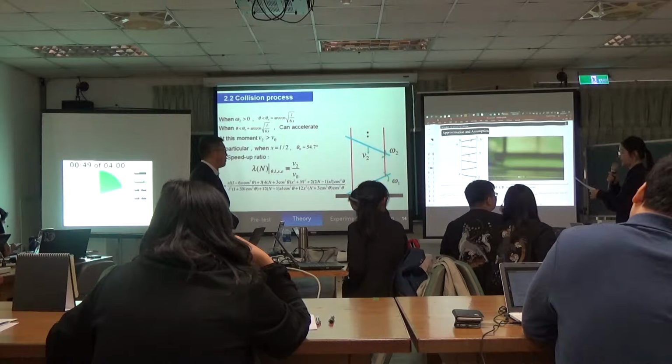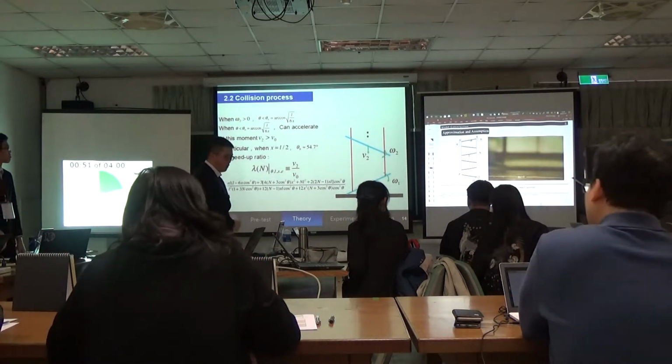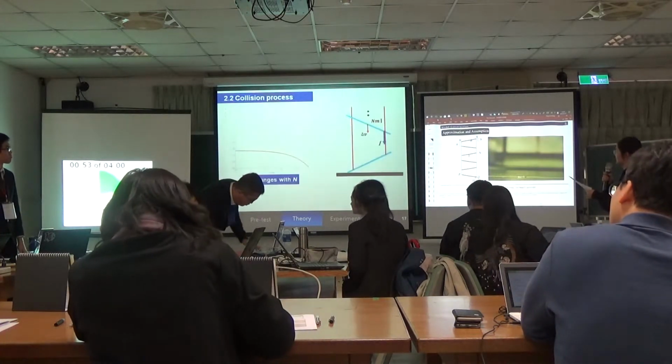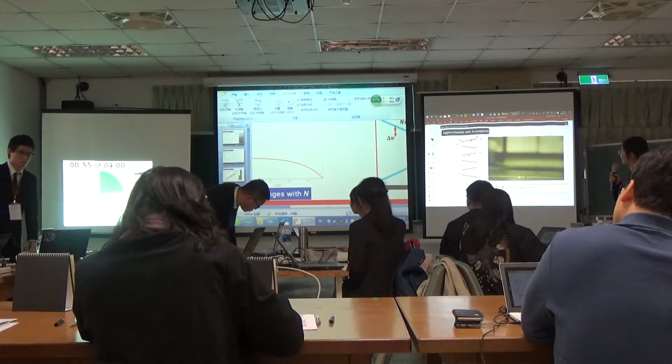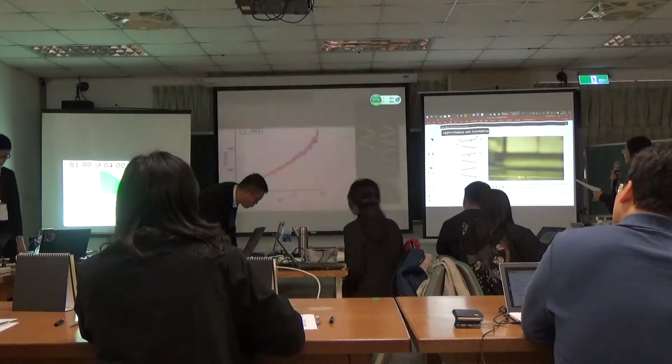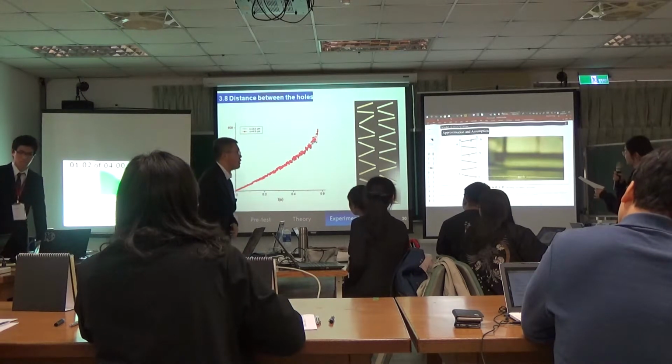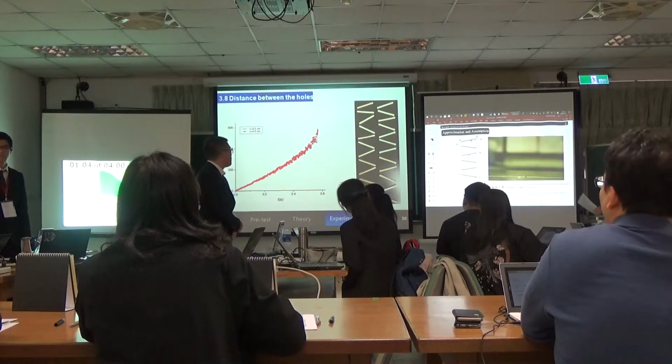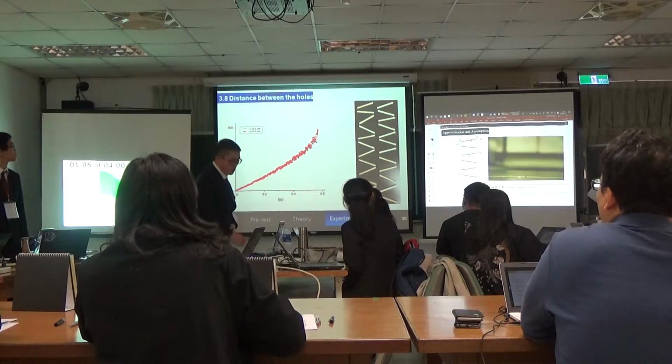And at page 29 or 13, about your experiment, I want to know what the lines represent. There are two lines, the red and the black.